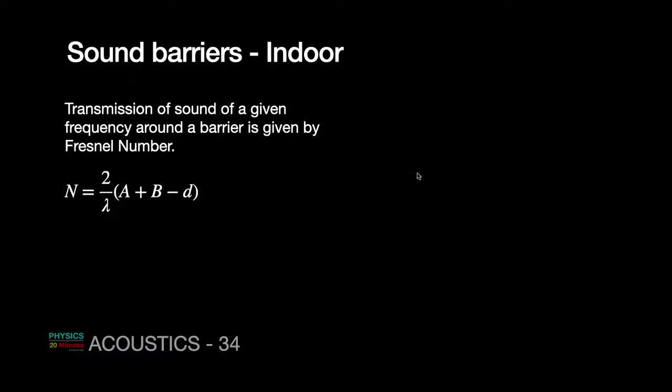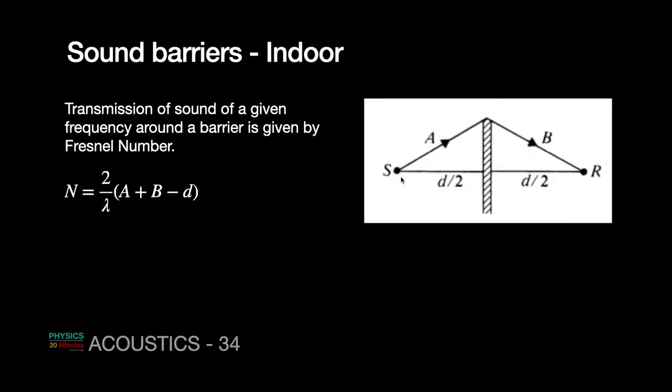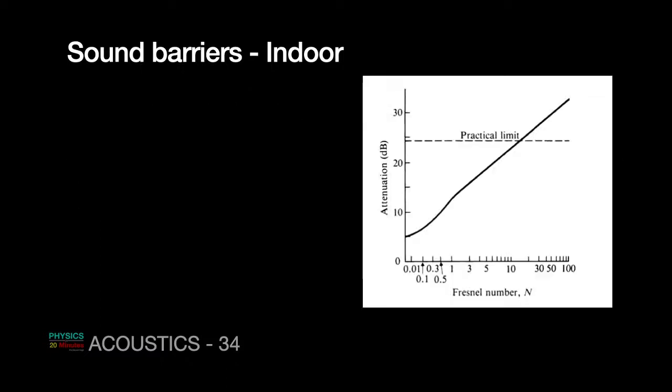The Fresnel number is given by N = 2/λ (a + b − d), where a is this straight path, b is this path, and d is the straight path from source to receiver. So the Fresnel number actually governs how much sound is being transmitted due to diffraction.